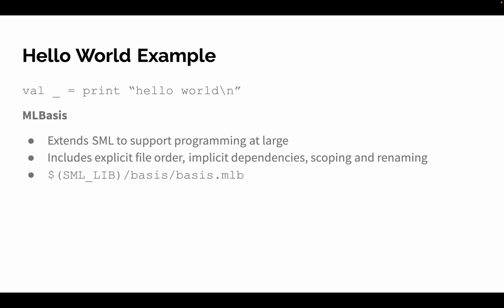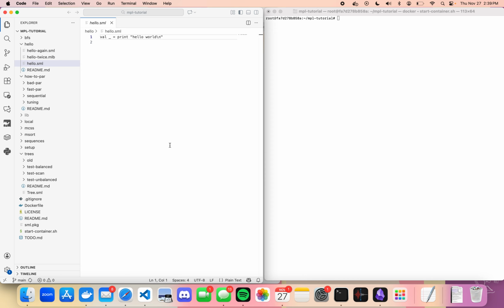So to compile this, I have the file here. All of these examples are brought from the MaPLe tutorial GitHub, which includes a really good list of examples, and I'm just going to show a few of them.